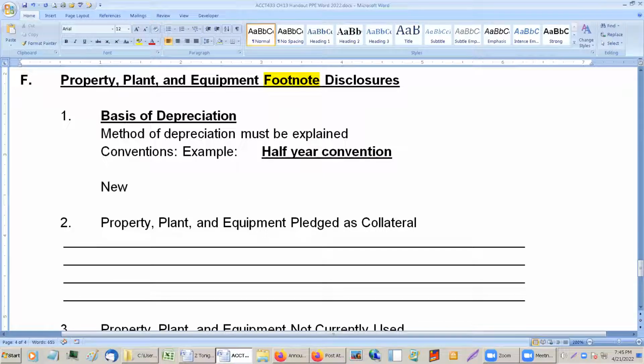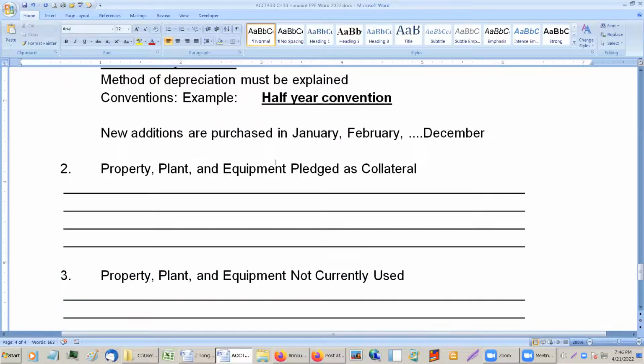for new additions, okay, new additions that are purchased throughout the year.